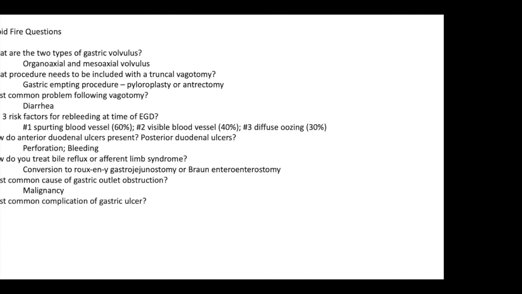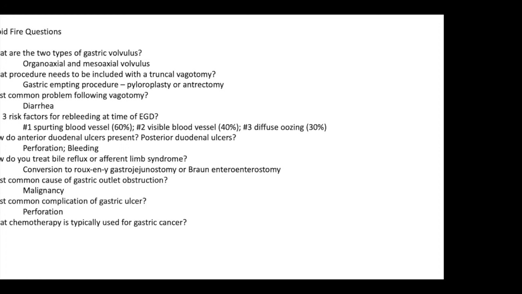Most common complication? Oh, I thought it said most common cause of death. See, we do need to go through the rapid fires. Bleeding, anemia, perforation. Perforation is the most common complication of a gastric ulcer.